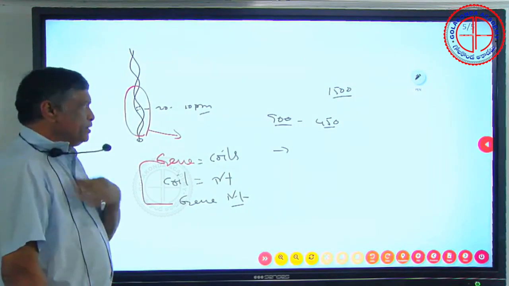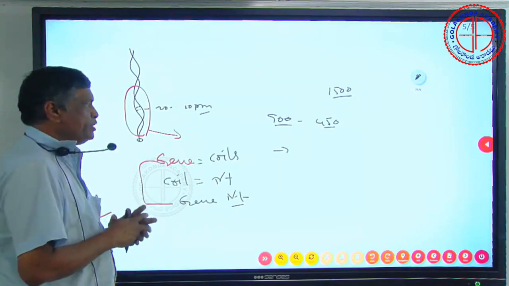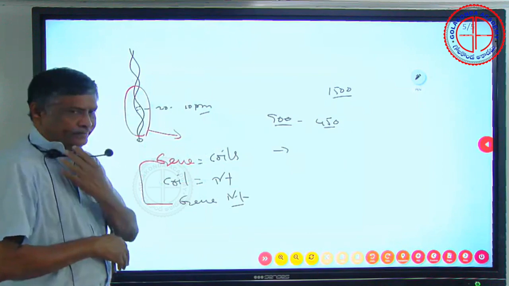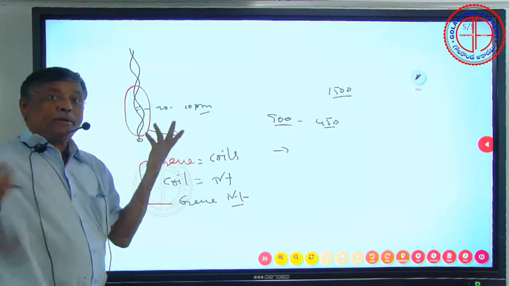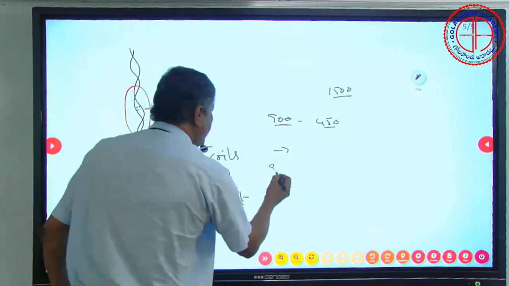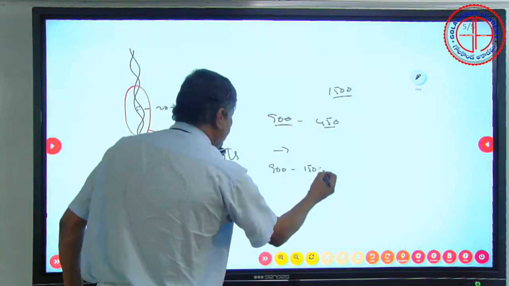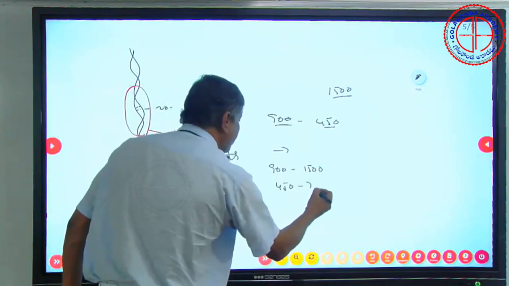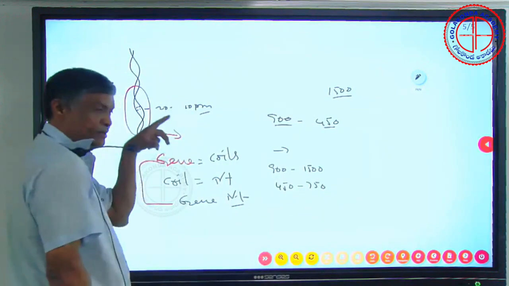The minimum number of nucleotides required for a part of DNA to determine a character is 900. The maximum number of nucleotides required is 1500. Means a 900 to 1500 nucleotide part, also known as 450 pairs to 750 pairs of the DNA part.